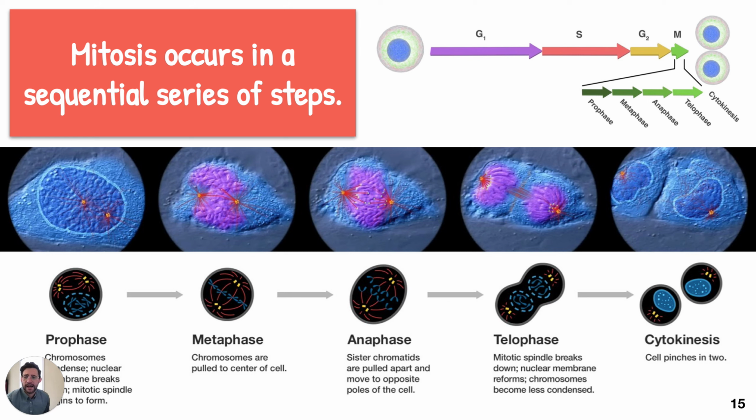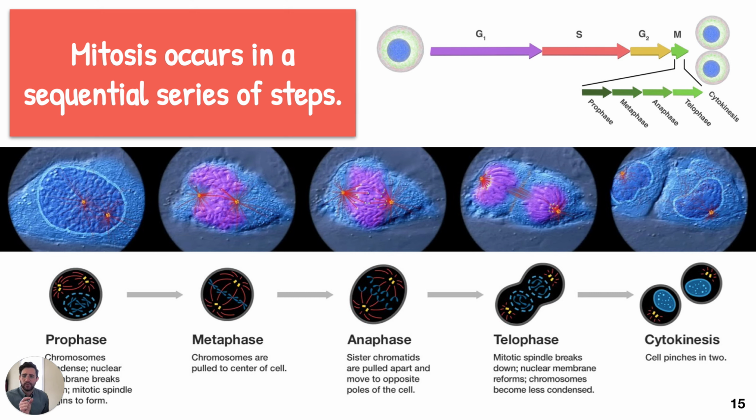When we look at a replicated chromosome, the centromere is the part of the chromosome that looks constricted, and it's where those two identical molecules of DNA are joined.